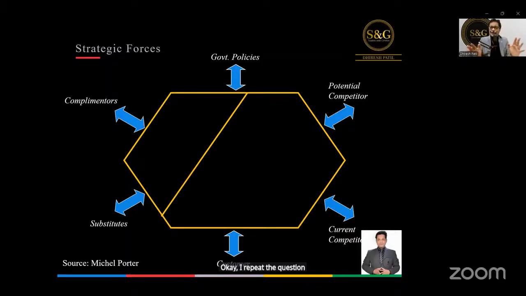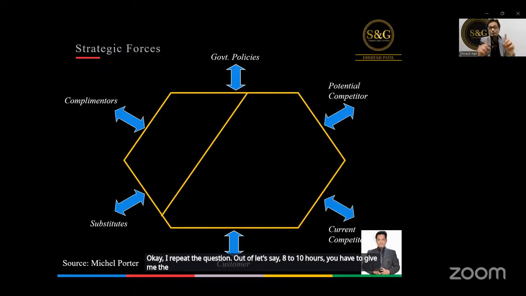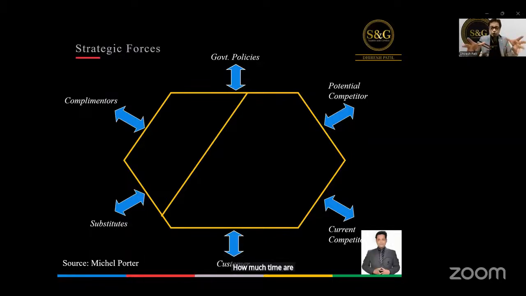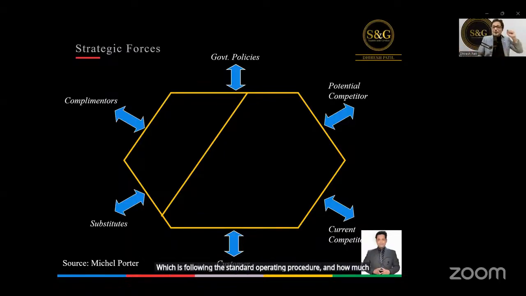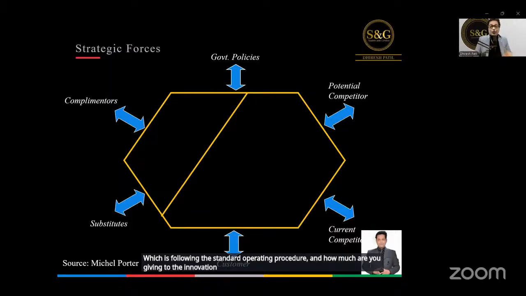Out of, let's say, 8 to 10 hours, you have to give me the response in percentage. How much time are you giving to maintaining the status quo of the processes, which is following the standard operating procedure, and how much are you giving to innovation? Give the answer like 80% maintenance and 20% innovation, or 90% maintenance, 10% innovation.